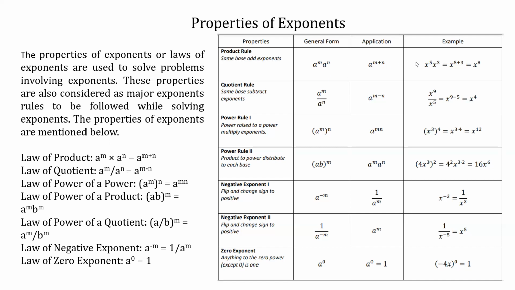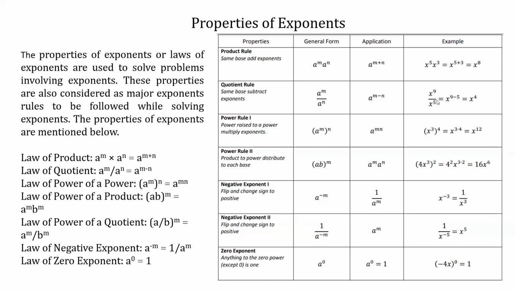For example, when we multiply x to the power 5 by x to the power 3, such that the bases of these exponents are the same, we just add the exponents. So the result is x to the power 8. Next, the quotient rule. When we divide powers with the same base, we just have to subtract the exponents.